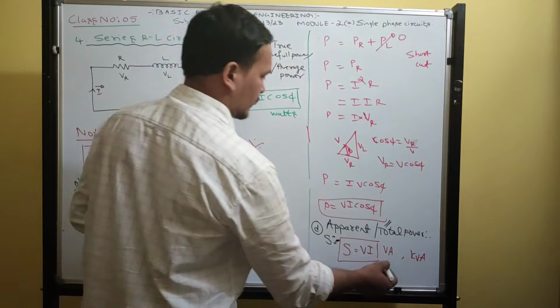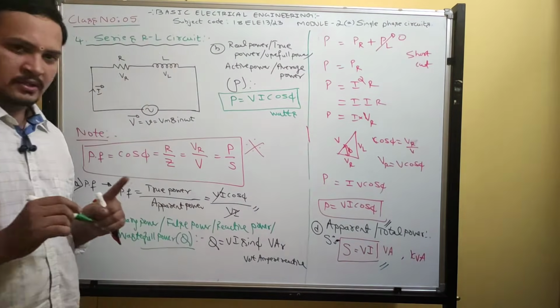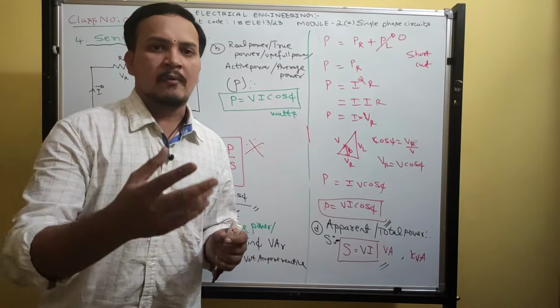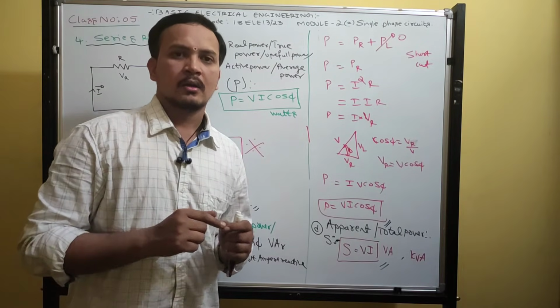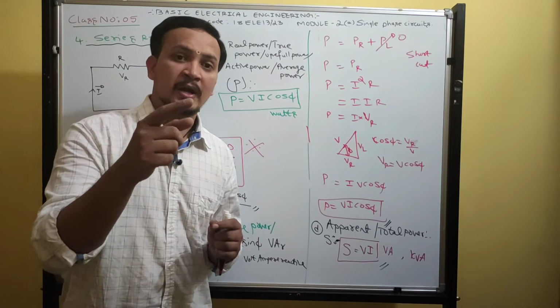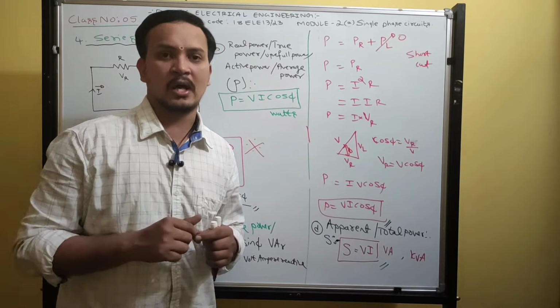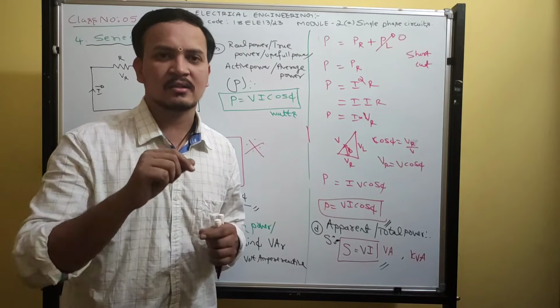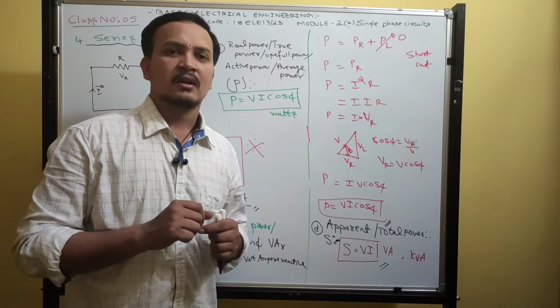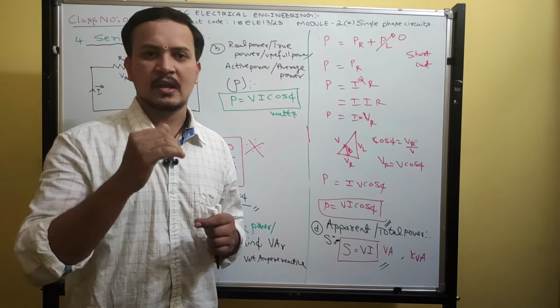Understood guys? Power factor is nothing but this: I am giving power to you, 1 kilowatt. How much you consume depends on what type of load you have. If you have an RL circuit, your power factor will be lesser than 1.